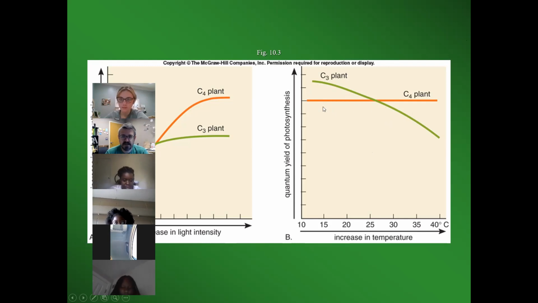It doesn't matter if the temperature is kind of low or high, they are equally okay. So when it's a low temperature, C3 plants have the advantage. When it's a high temperature, C3 plants lose the advantage because C4 plants are just kind of like, ho hum, we're okay. Do you see any applications for climate change here?